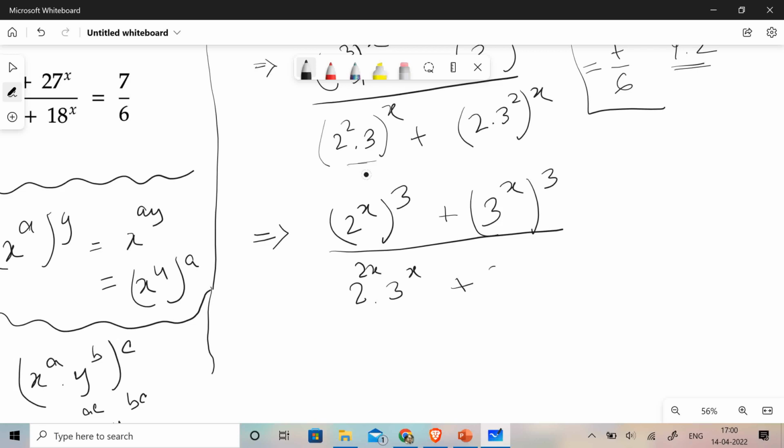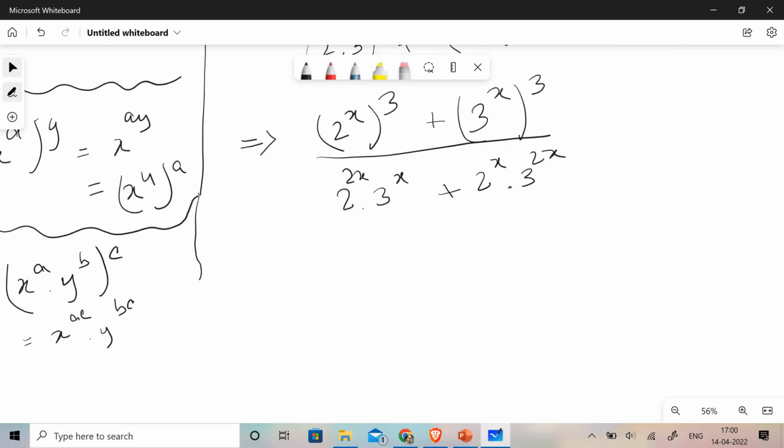Similarly, again this part will be 2 to the power x into 3 to the power 2x. Okay, now it looks very familiar, right? So now again, let's keep the numerator same, 3 to the power x whole cube. But now what we can do, here are some common terms, right?